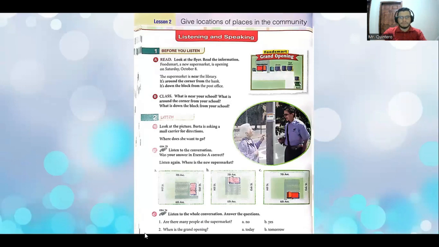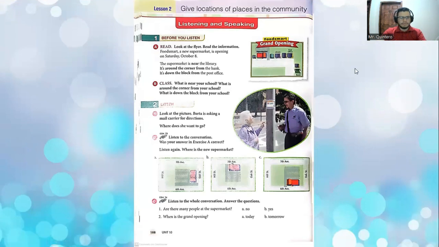Page 188. Listen. Exercise C. Excuse me. Can you help me? I'm looking for Food Smart. Sure. It's on 7th between Hill and Oak. Sorry? It's on 7th Avenue between Hill Street and Oak Street. Thanks.